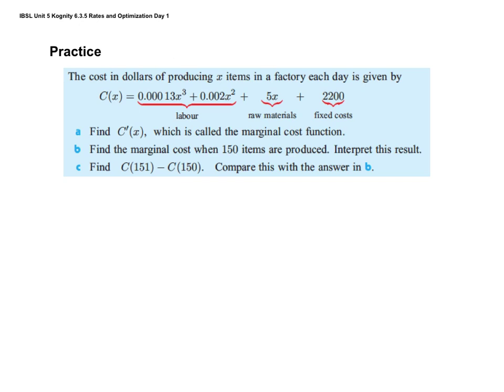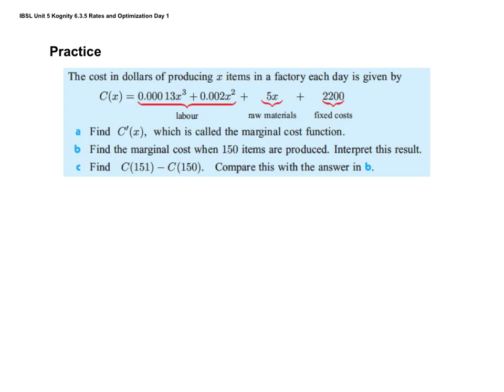Okay, so let's look at a couple of examples. Here's an example dealing with costs. The company designed this model to illustrate their total costs of production, and they did it in terms of the number of items. So they went through all their expenses and they realized that $2,200 are fixed costs.